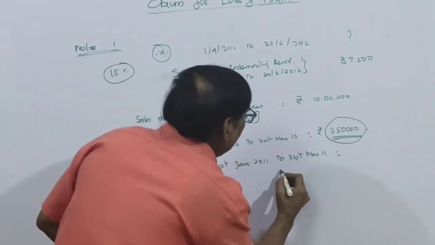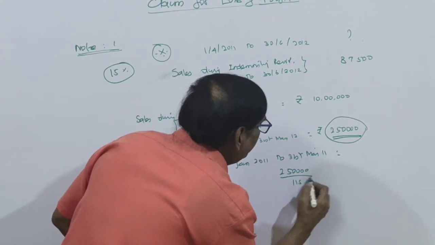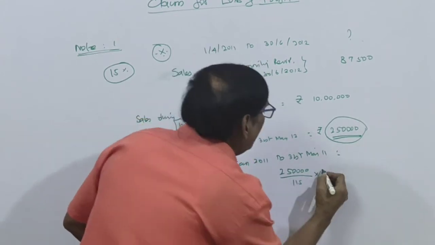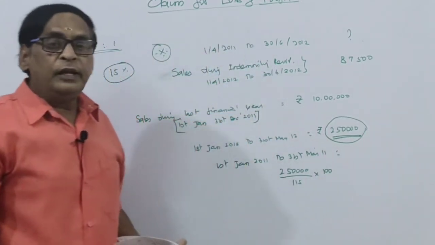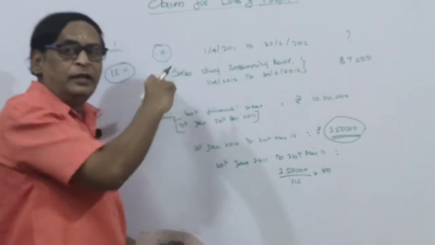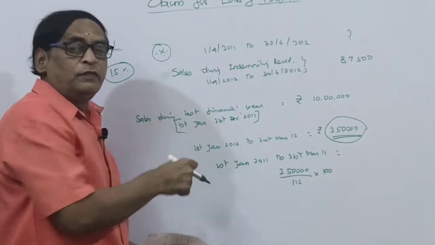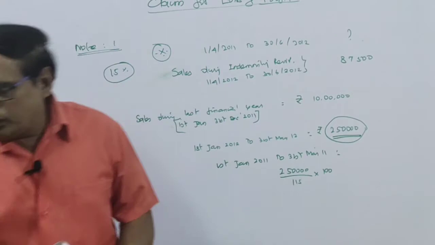So 2,50,000 divided by 115 into 100%. If we calculate, you can easily find out the sales pertaining to the first 3 months of the last year, I mean 2011. So 1st January to 31st March, you can easily find out. What would it be?